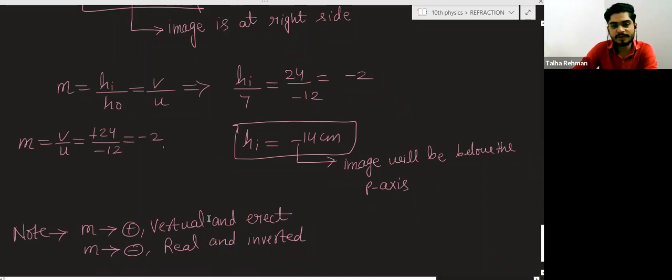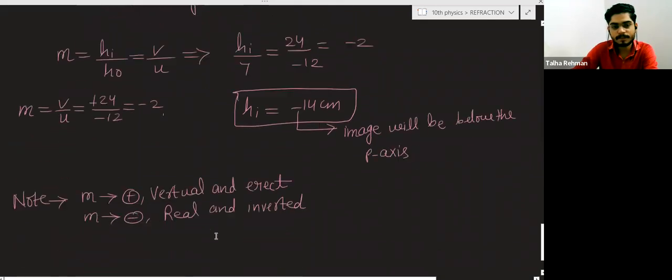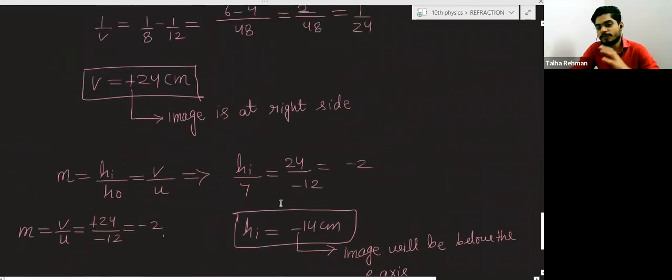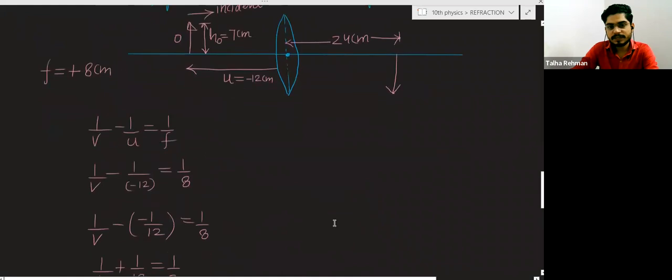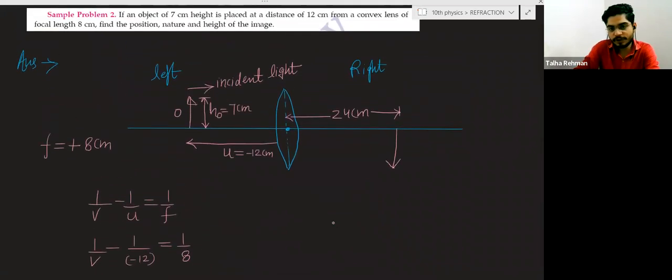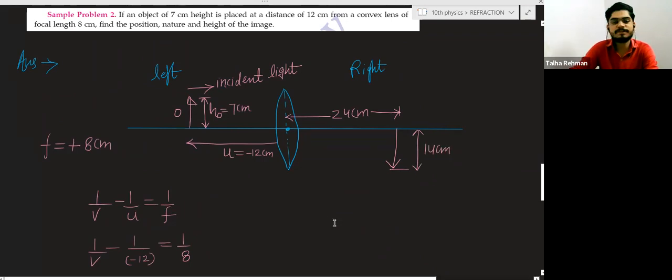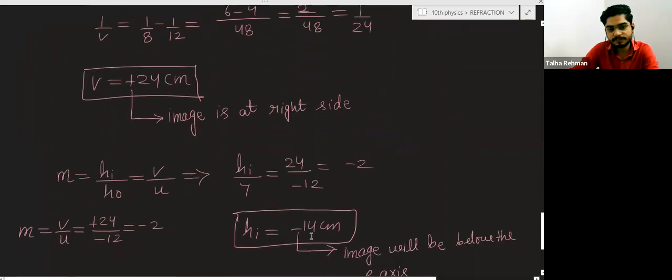So your image will be real and inverted. Size of the image will be 14 centimeter, and your image will be below the principal axis like this because of this negative sign.